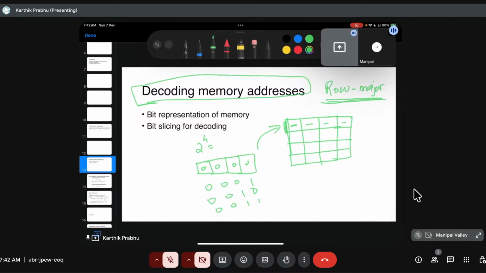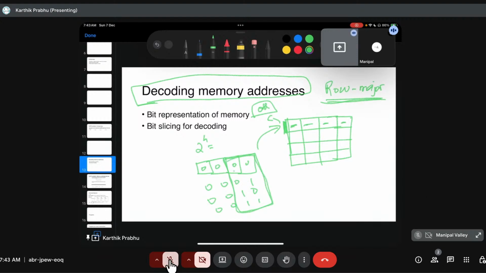But now observe that, let's say we already knew this column is the zeroth column, right? Now this column is fixed, the column has not changed, only these rows have been filled. So the only bits which we needed to represent that row filling were these last two bits, correct?